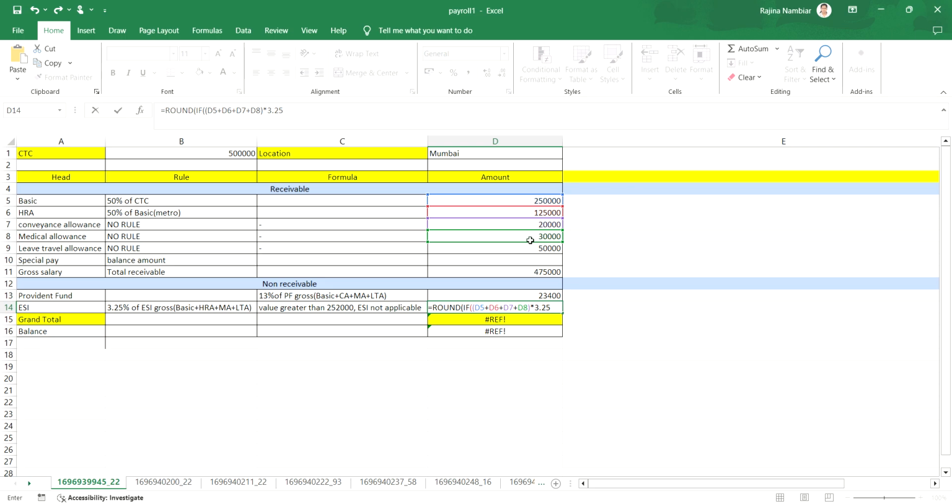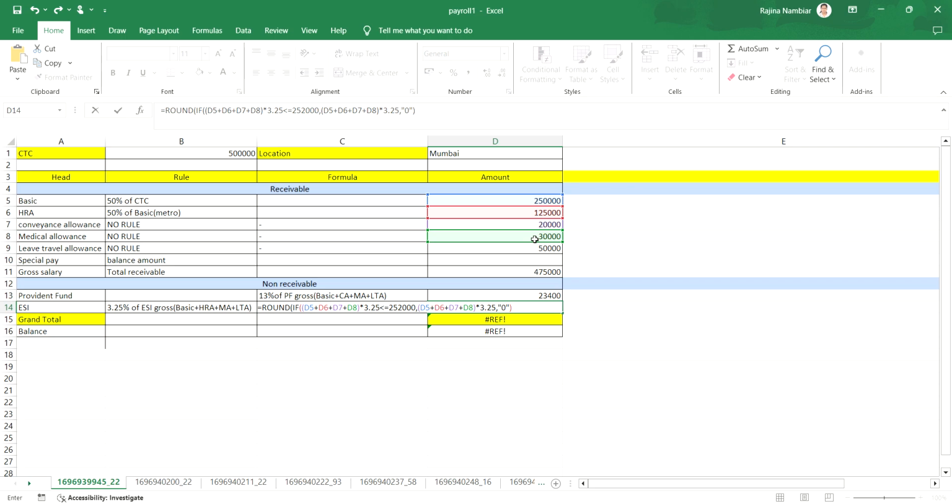If this is less than or equal to 2,52,000, then the total plus, and one more thing, we are not considering leave travel allowance for this, into 3.25, or if that condition is not met, then we will put 0.